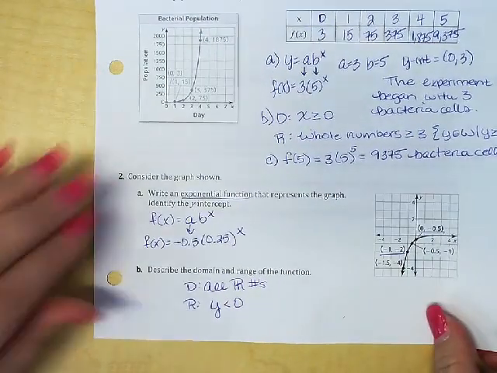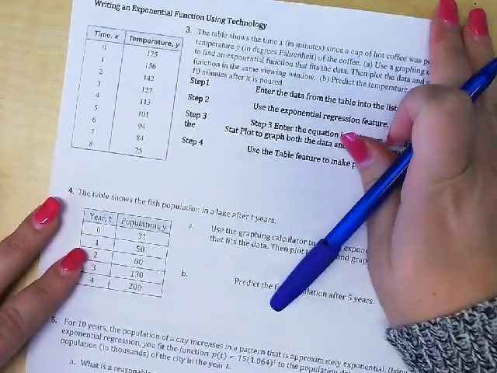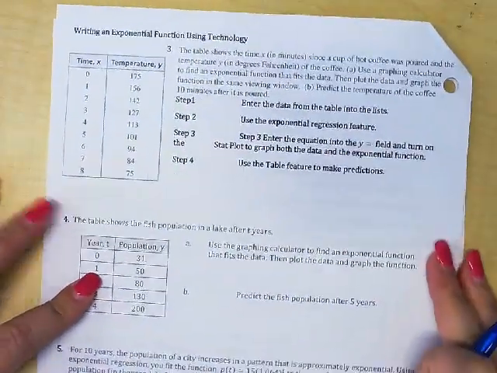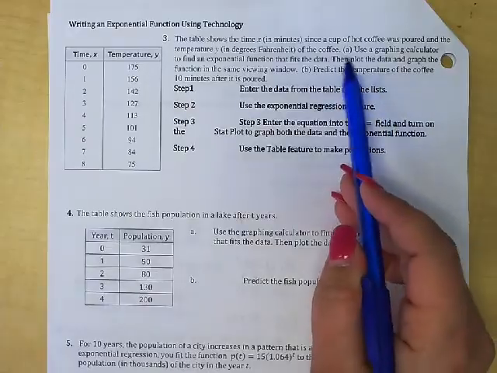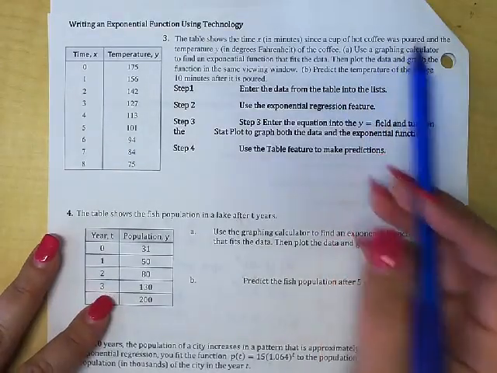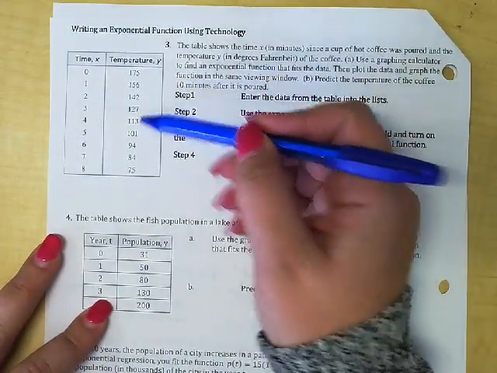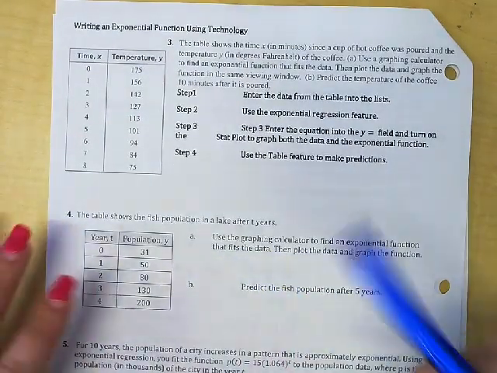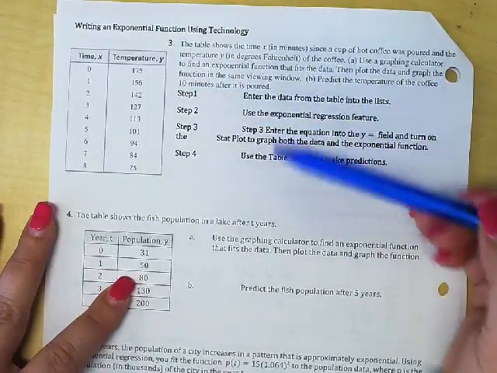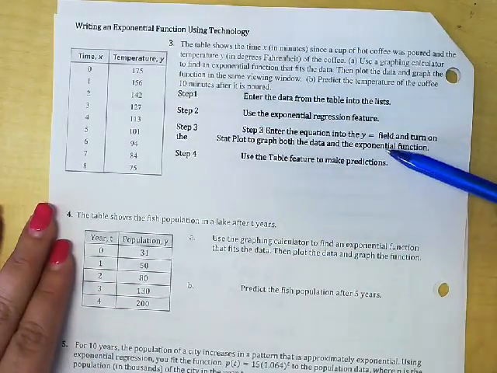Okay. All right, let's flip that over and talk about reviewing regressions quickly here. So we have an example of the number of minutes that have passed since a cup of hot coffee was poured, and the temperature of the coffee as it just sits there on the counter. We're just going to go through the steps on how to do this on the calculator.